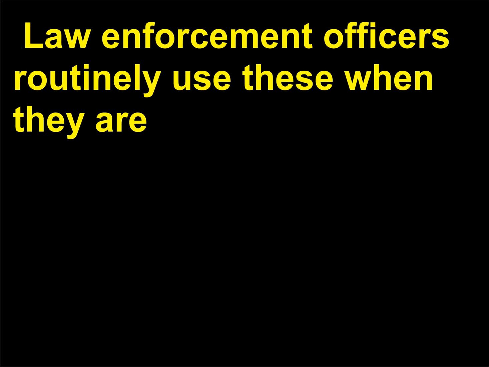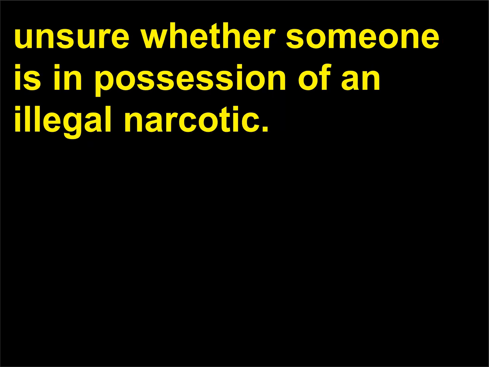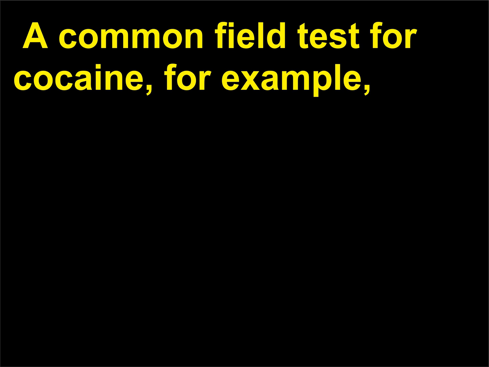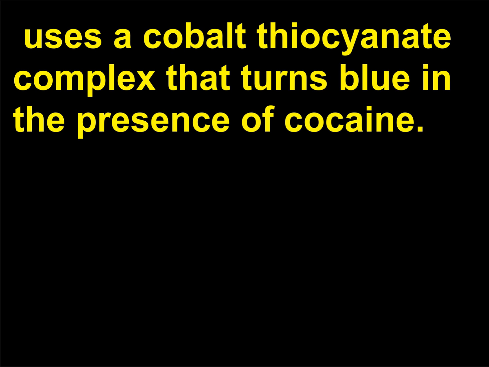Law enforcement officers routinely use these when they are unsure whether someone is in possession of an illegal narcotic. A common field test for cocaine, for example, uses a cobalt thiocyanate complex that turns blue in the presence of cocaine.